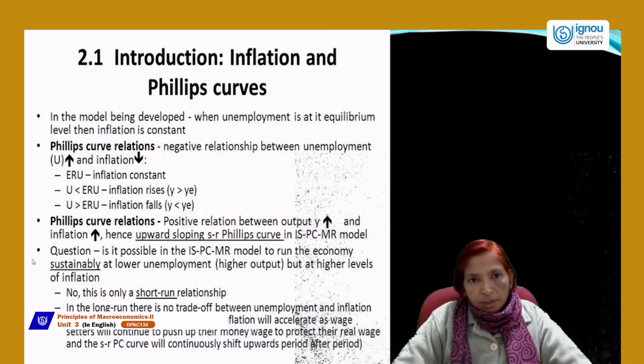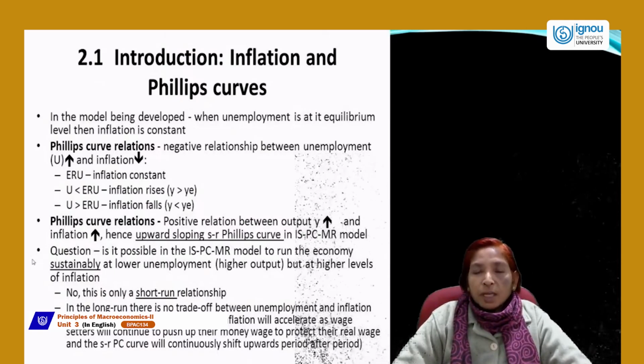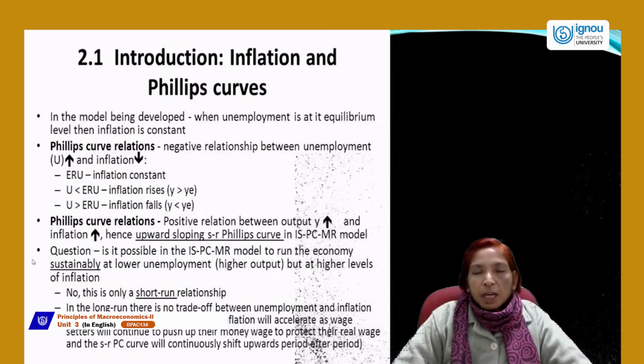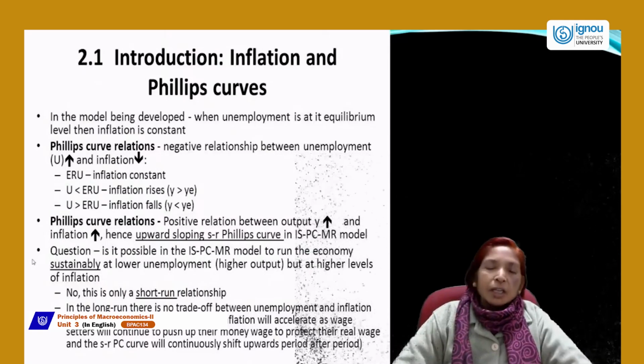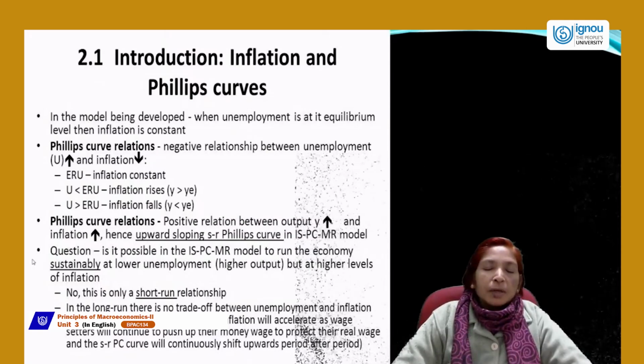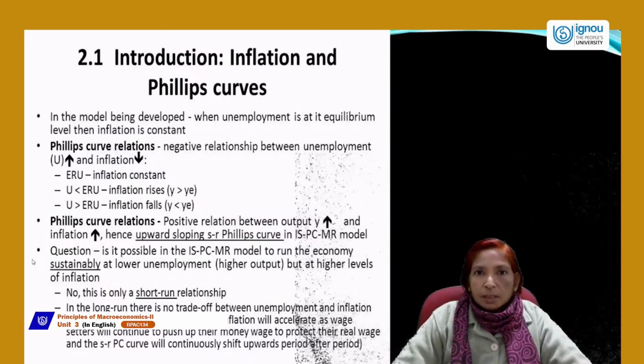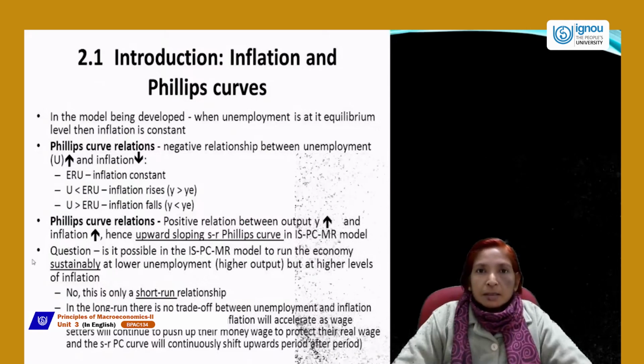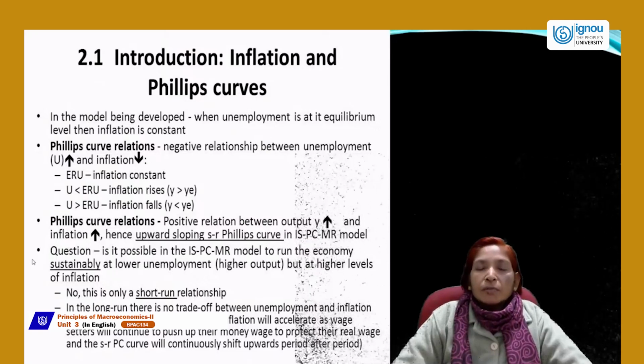And how is it possible? You know that when wage inflation increases, then supply of labor will increase because people are willing to do more work at a high wage rate. When the wage rate increases, more people are willing to do work.